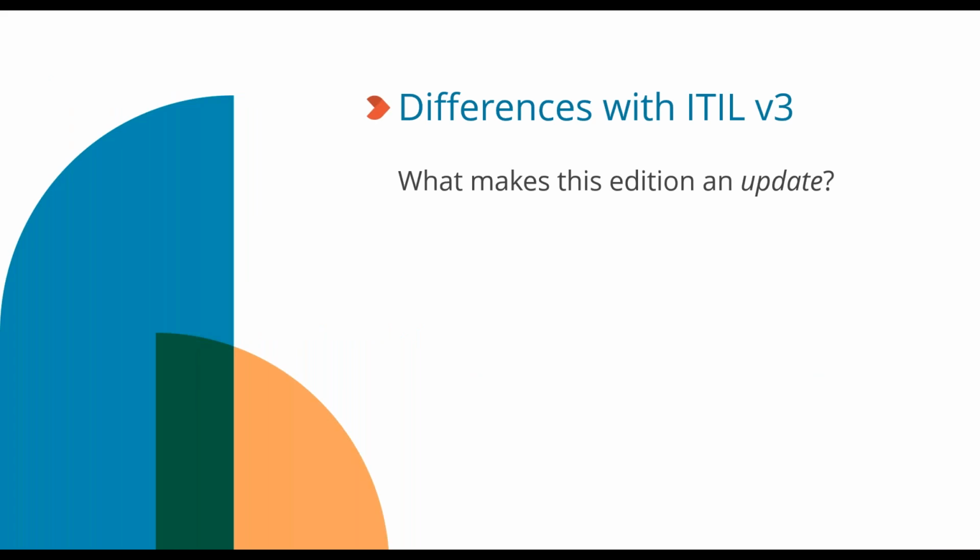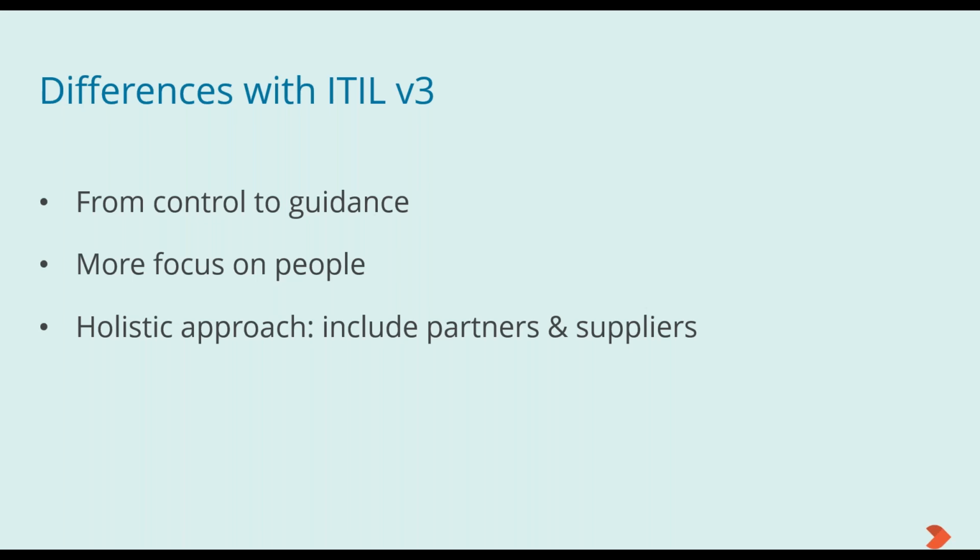So regarding ITIL 4, it has been released as an update to ITIL version 3, but what actually makes this edition an update? There are 3 things that I would like to discuss here. We see a movement from control to guidance, where ITIL version 3 was mainly about controlling your work and controlling your infrastructure.